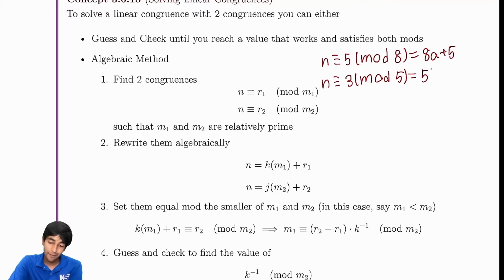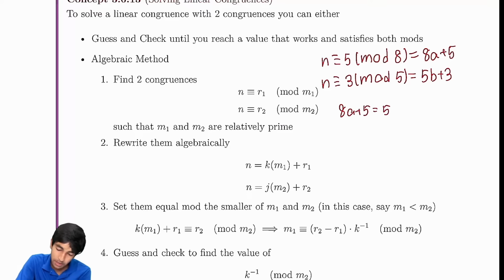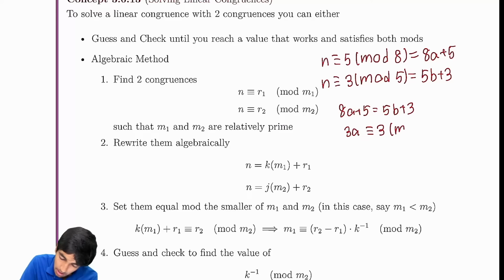Similarly, we can say it's 5b plus 3, where b is something. Now take a look. 8a plus 5 is 5b plus 3. So now what we do to this equation is we take the value mod 5, because 5 is smaller. And what this gives us is now 3a, and then 5 goes away, is congruent to 3 mod 5. And now we can just divide by 3, you get a is 1 mod 5.